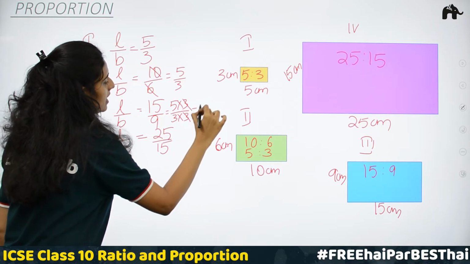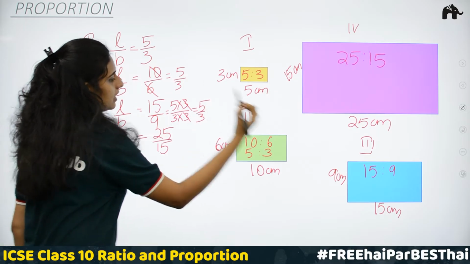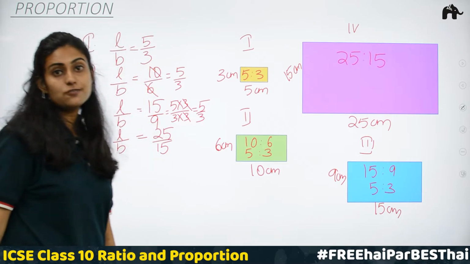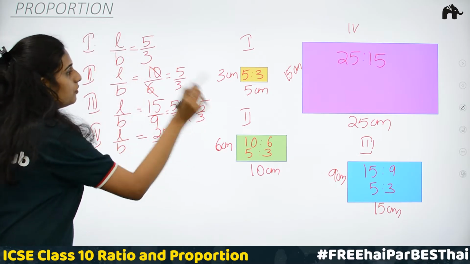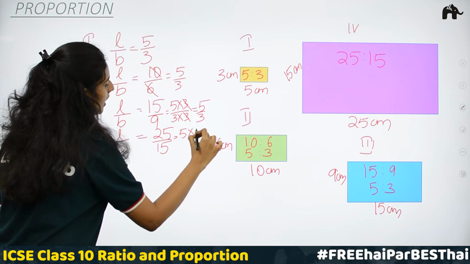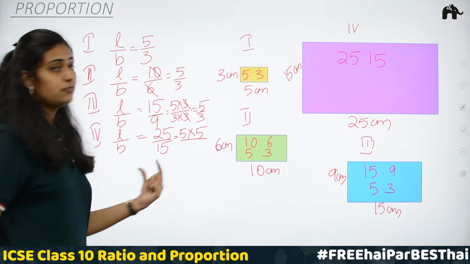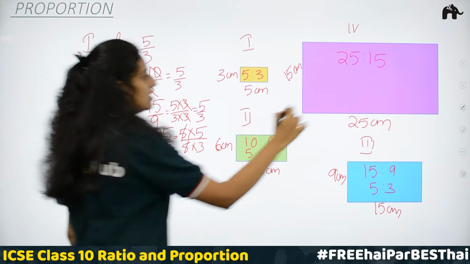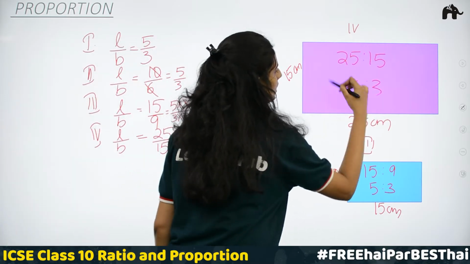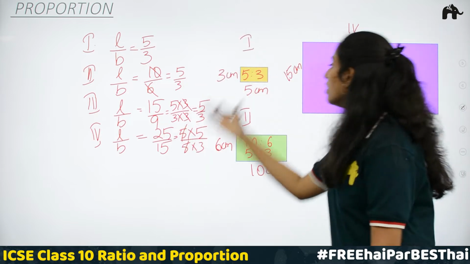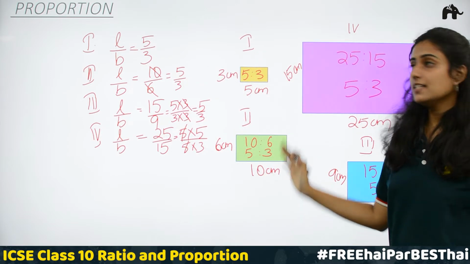The 3s cancel, and we have 5/3. Again the simplified ratio is 5:3. For the fourth rectangle, 25 is 5 into 5 and 15 is 5 into 3. This is again 5:3.